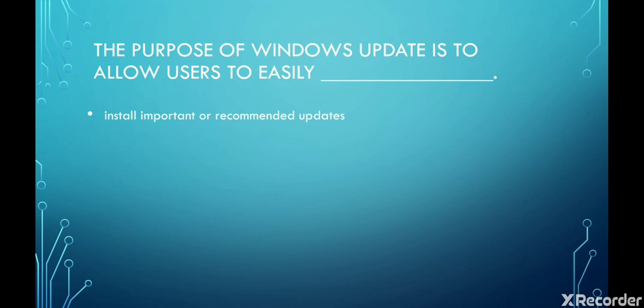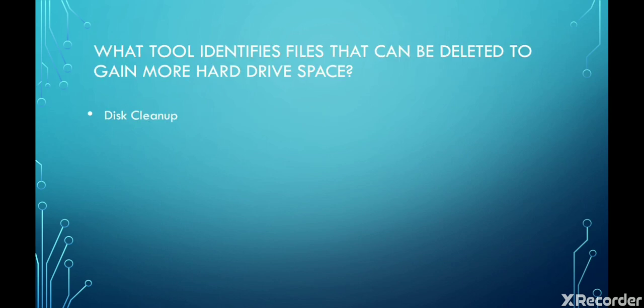The purpose of Windows updates is to allow users to easily install important or recommended updates. What tool identifies files that can be deleted to gain more hard drive space? Disk Cleanup.